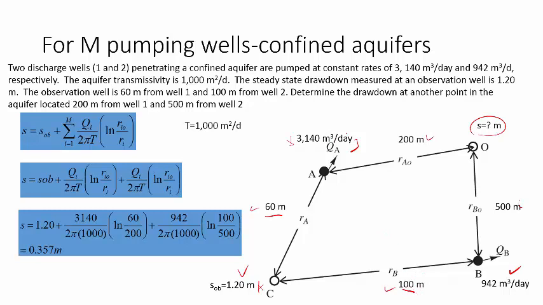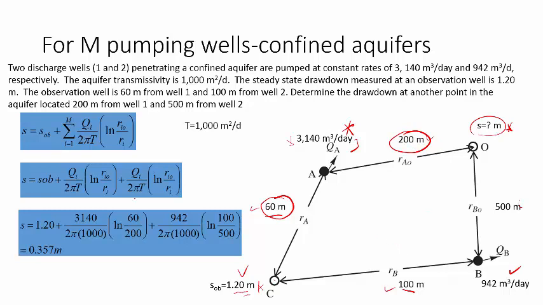So if we look at well 1, what we need to look at is the 60 meters and the 200 meters. So well 1 is 60 meters from the observation well that has the 1.2 meters drawdown, and then 200 meters from another point where we don't know the drawdown.